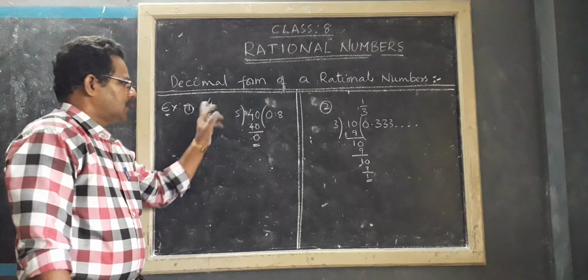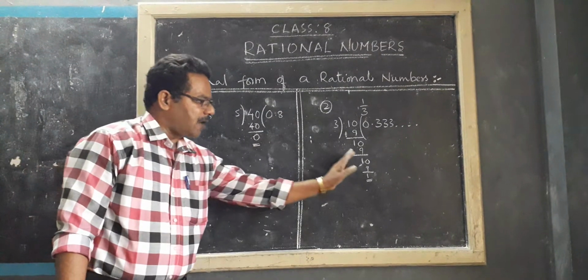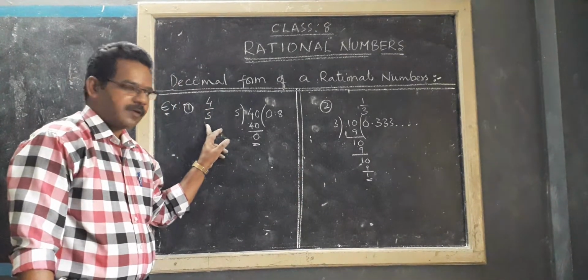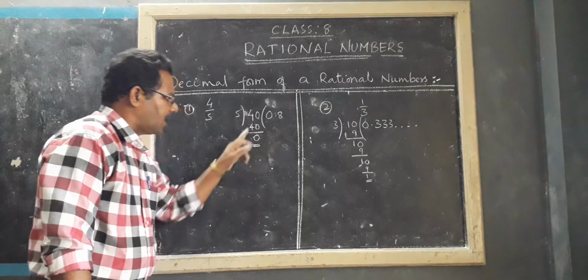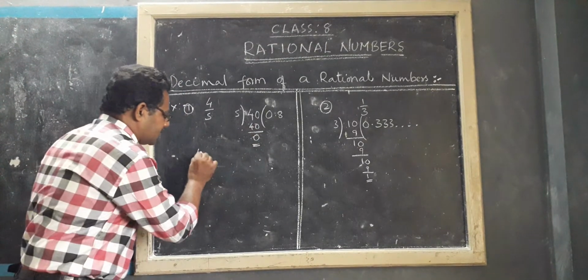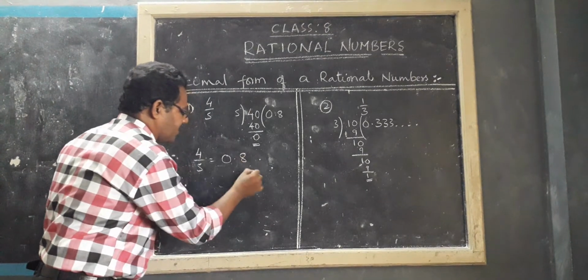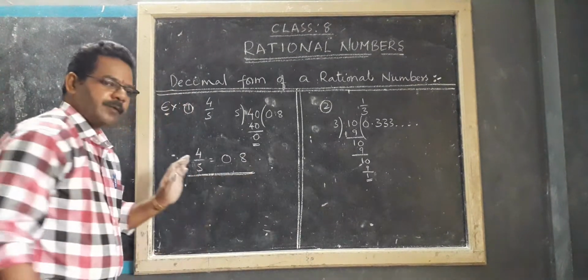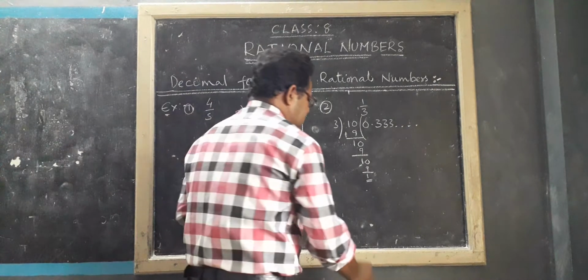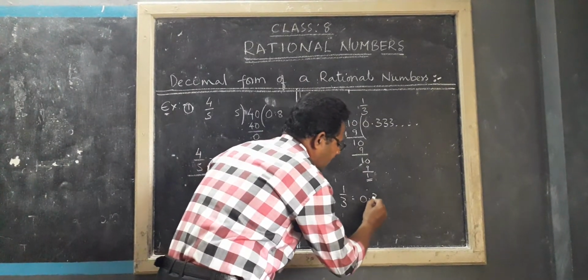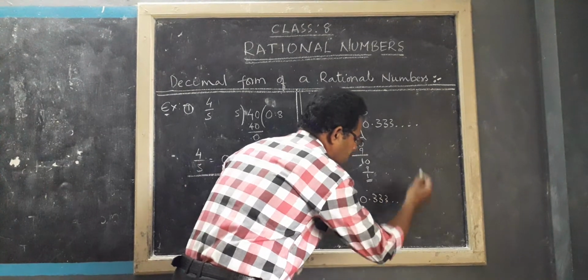Here we have already taken these two examples. In the first example we took 4 by 5. 4 by 5 is divided and we got the answer 0.8. So the decimal form of 4 by 5 is equal to 0.8. In the second example, the decimal form of 1 by 3 is equal to 0.333 and so on.